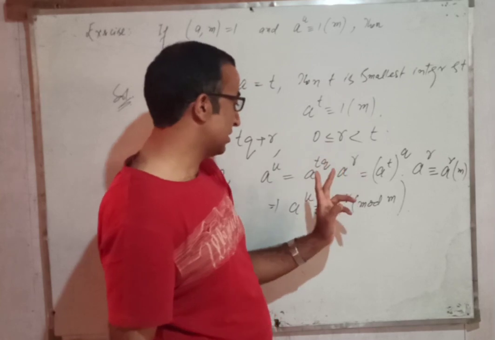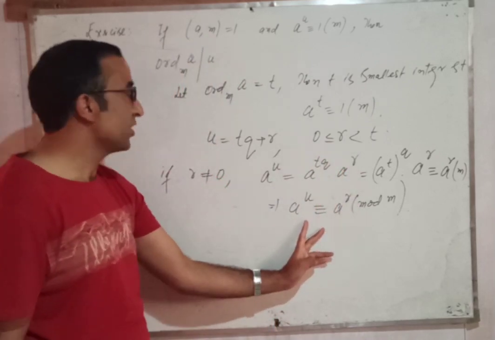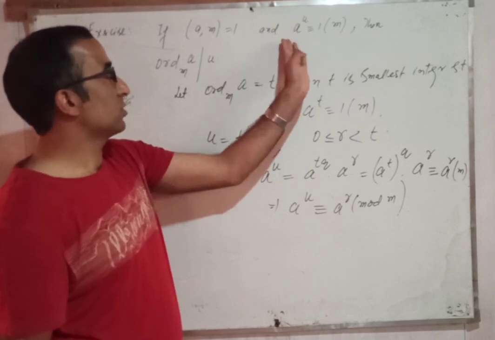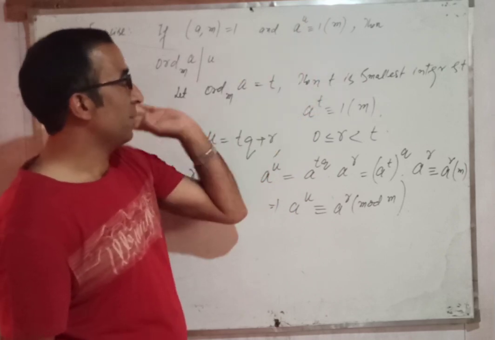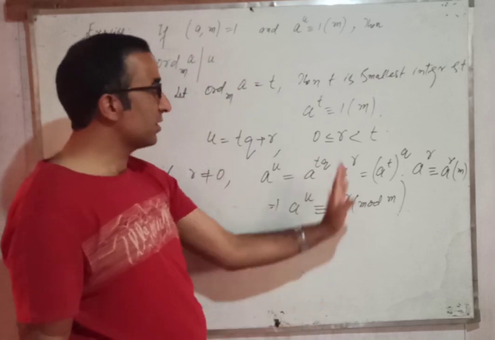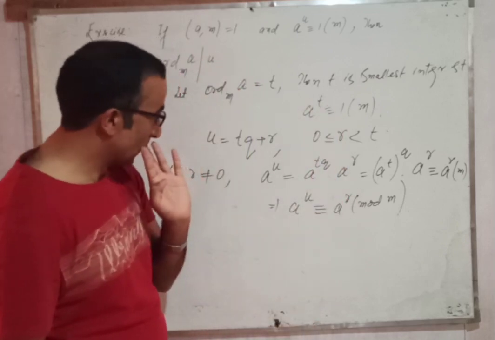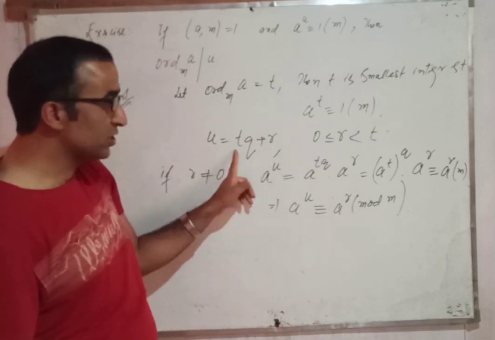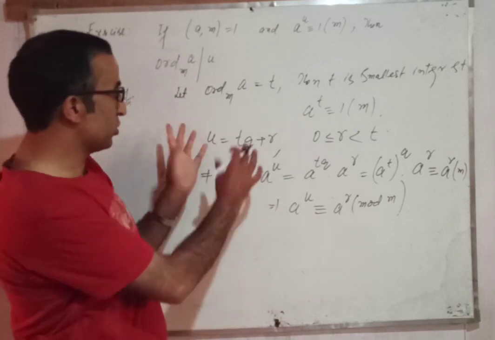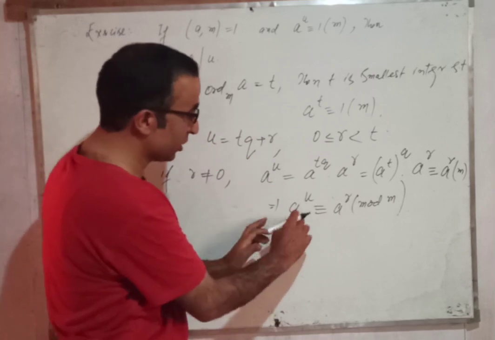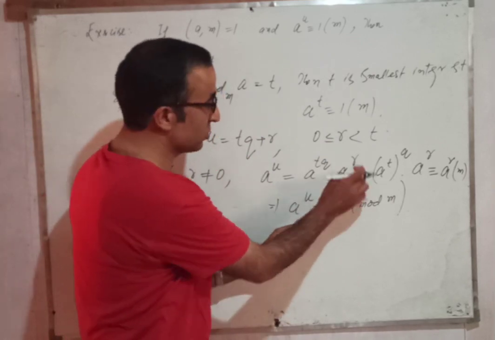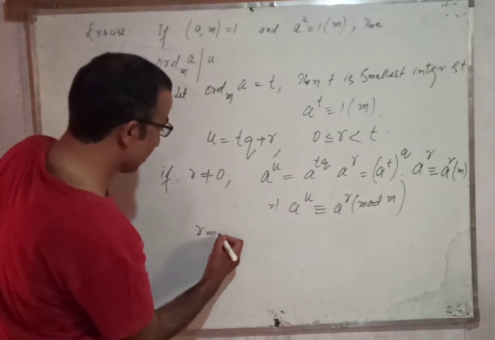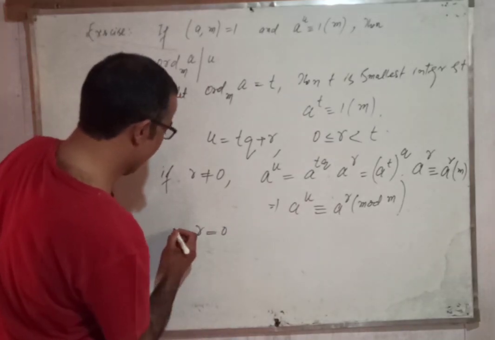So this is clearly a contradiction to the fact that t is the smallest, because you are dividing u by t, which means you are assuming that u is greater than t. So you must have r equal to 0.